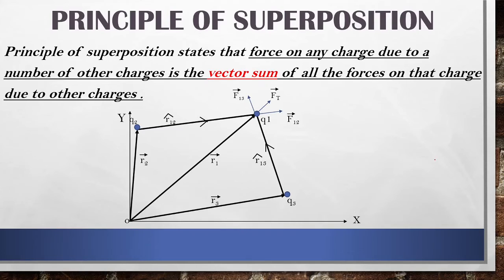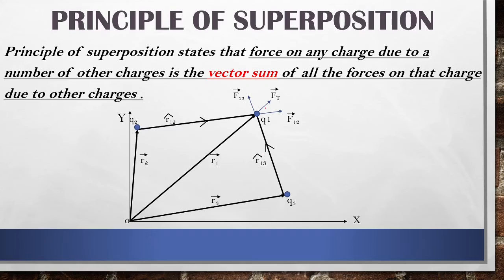Now you could tell that this Q1 experiences a force from Q2 and also a force from Q3. The force on Q1 due to Q3 is F13 and the force on Q1 due to Q2 is F12, and the direction is given here. Now the question is, what is the total force experienced by this charge Q1?